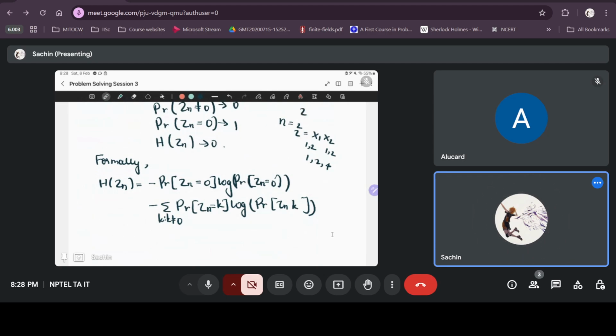Similarly, Z can take that is x1, x2, x3. Then each of these can be 1 or 2.